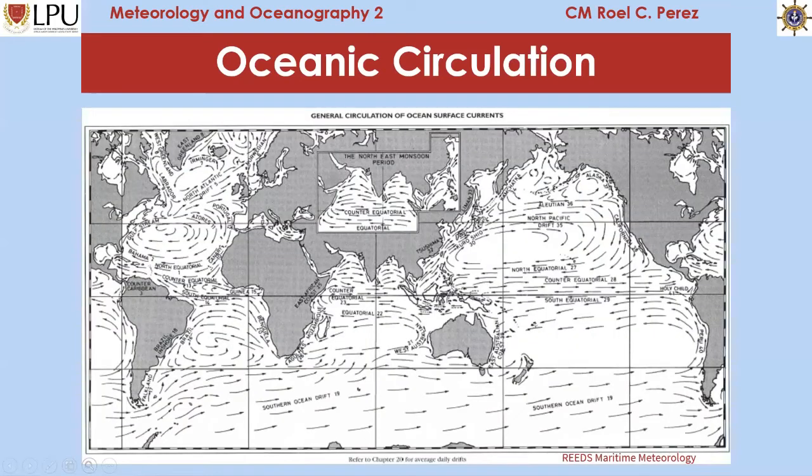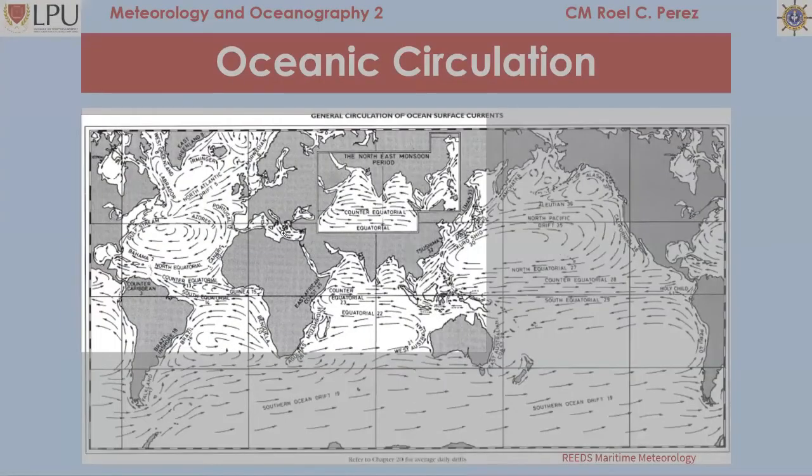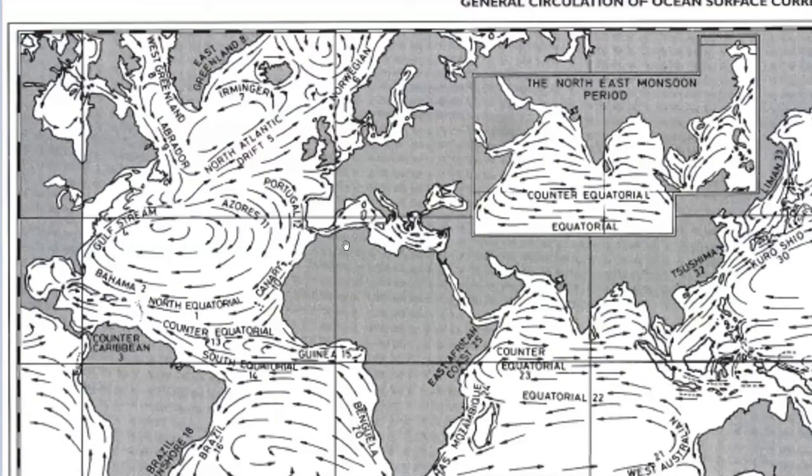So I do not have a map for the Mediterranean. But anyway, maybe you can research it. So this is the more dominant current flowing along the coast of North Africa.